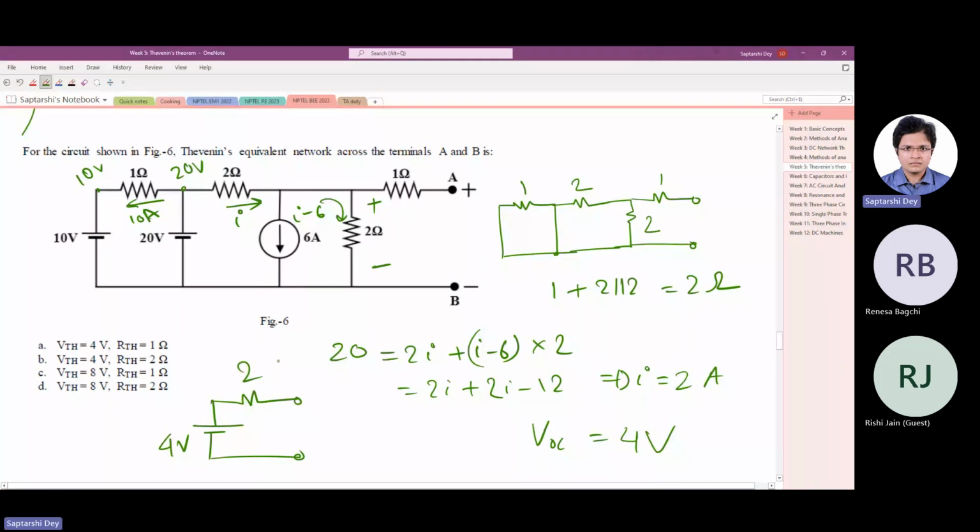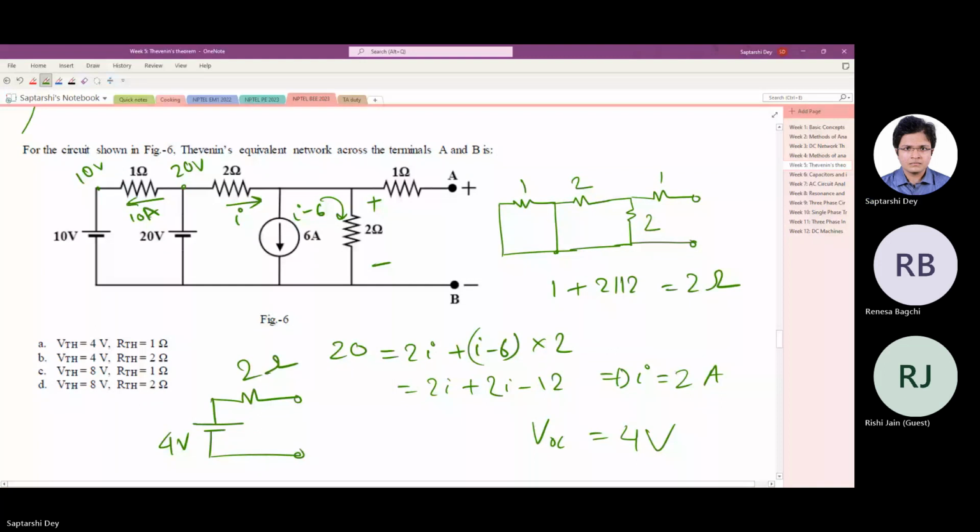Rishi, do you understand the open circuit voltage calculation here? Yes, sir. Sir, but the I value would be... No, wait, I am wrong. I is 2 ampere, so 4 ampere is going in this fashion. Sir, I would be 8 ampere, right? I is 8 in my calculation.